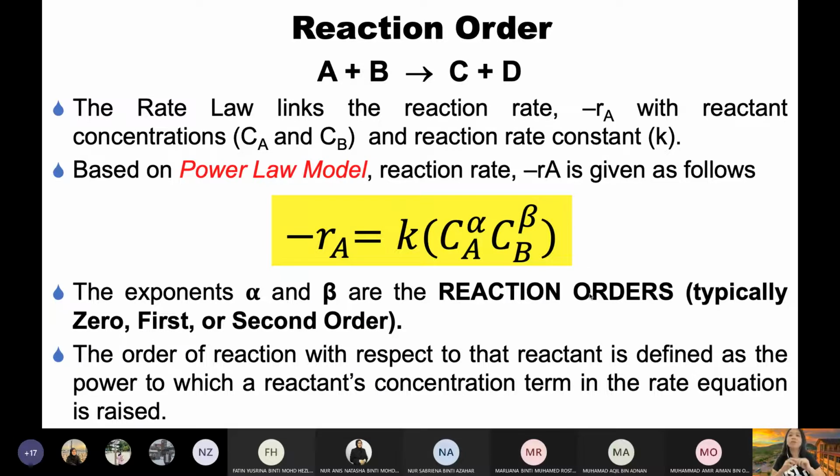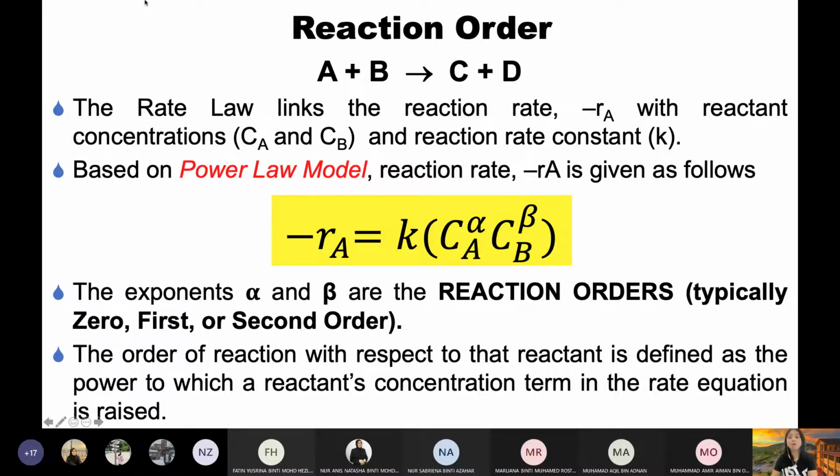But typically, usually reaction order dia adalah zero order, first order, second order. So in this course, I will teach you typical reaction that only zero order, first order and second order. Saya tak ajar untuk third order, fourth order and so on. Sebab kalau kamu belajar order yang berlainan, design equation dia jadi lagi banyak. Sekarang pun dah 40-50 equation I told you. If we go more than that, it become a lot more design equation.